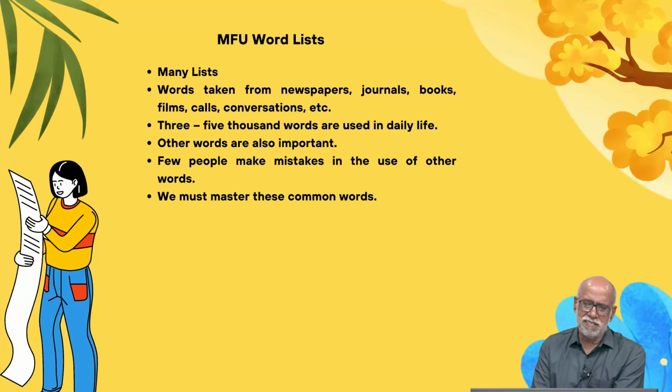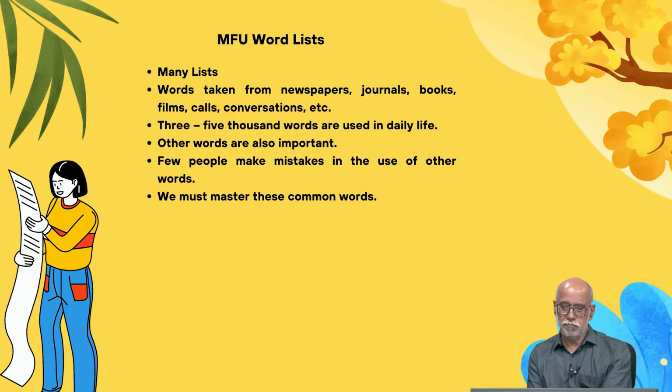There are many lists. How have these lists been made? Well, these lists have been made by computer specialists, by corpus designers, corpus manufacturers, corpus makers, looking at newspapers for a month, let us say, or for a year.